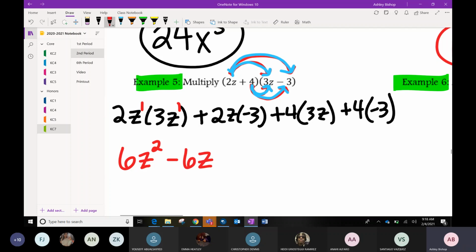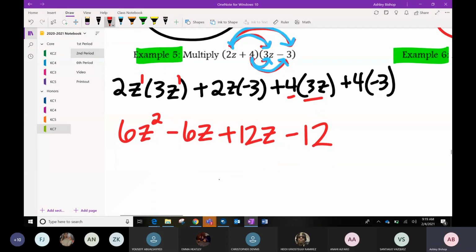And then the z just comes along for the ride. There's nothing for that to get multiplied by. Plus 4 times 3z. 4 times 3 is 12. And then the z just gets added on as well. And then plus 4 times -3, which is -12.